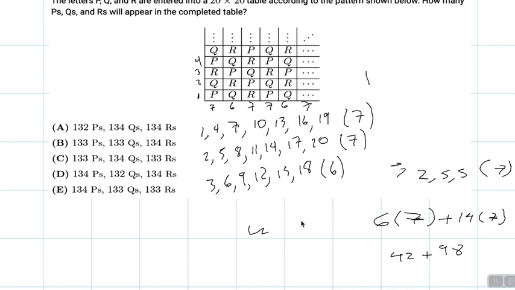Let's think about this. 6 columns, 7 times. Yeah, when you do this, this comes out to 140, but that's very clearly bigger than the options there.